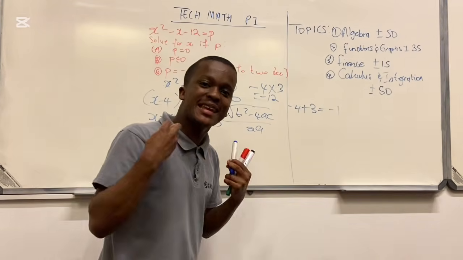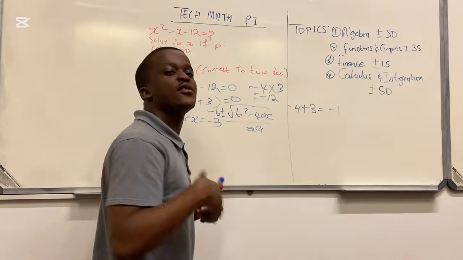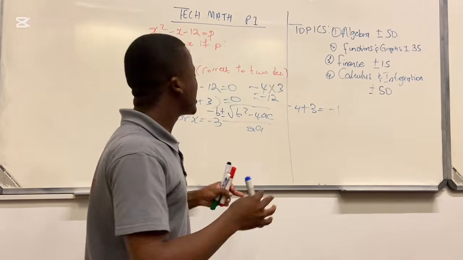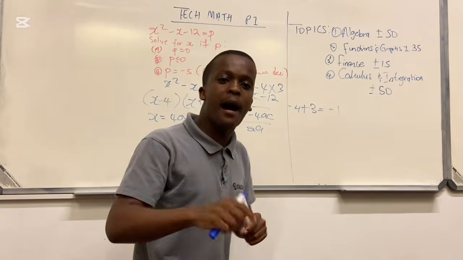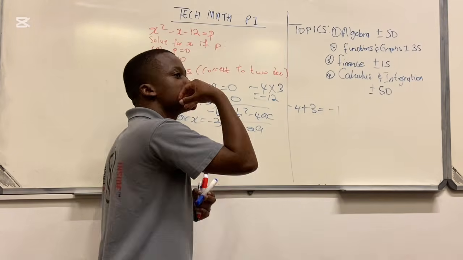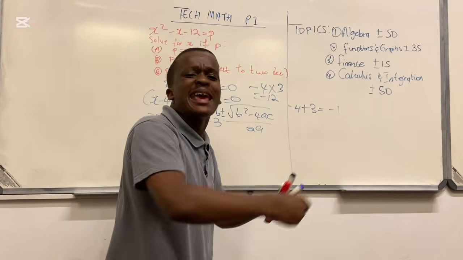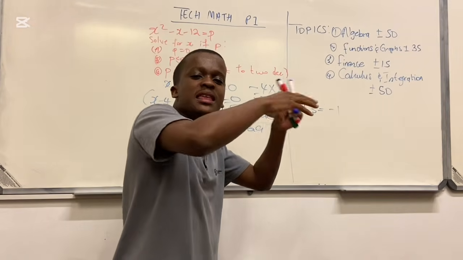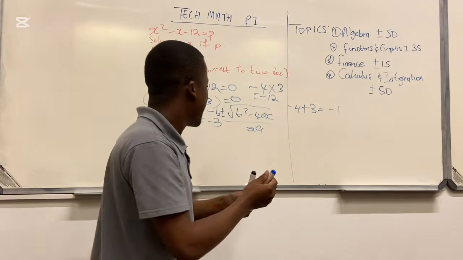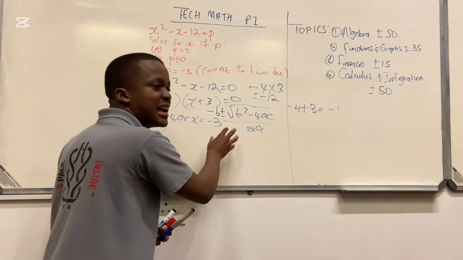There is no need to write the formula. Remember, with algebra, we only substitute and show our quadratic formula when the question says correct to decimal places. Now we just got those whole numbers, 4 and negative 3.